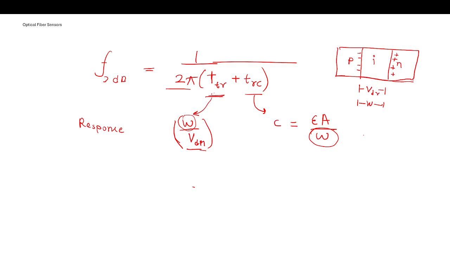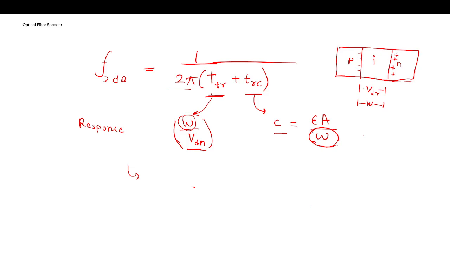But if you are increasing W, this capacitance value will also change. So there is a contribution on both sides.